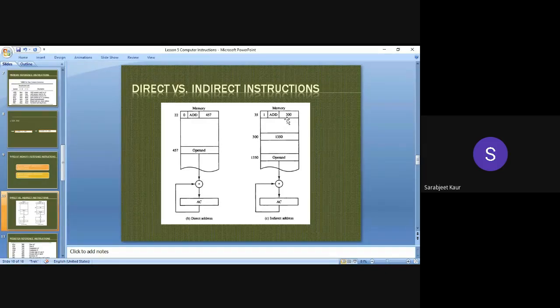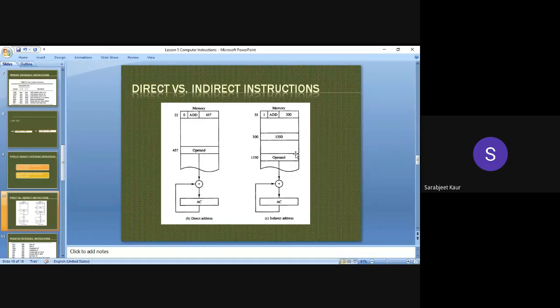How do we find the operand then? We first go to the address which is given by the instruction. There we find another address, at which location in the memory the actual operand is residing. This is the only difference between the direct and the indirect instructions.